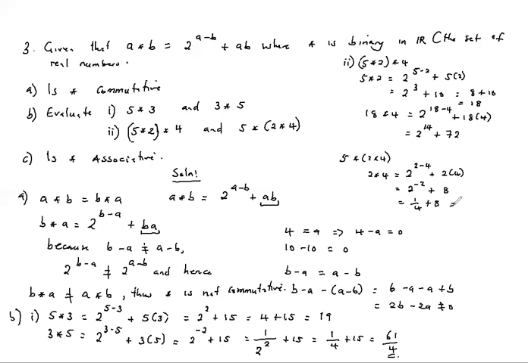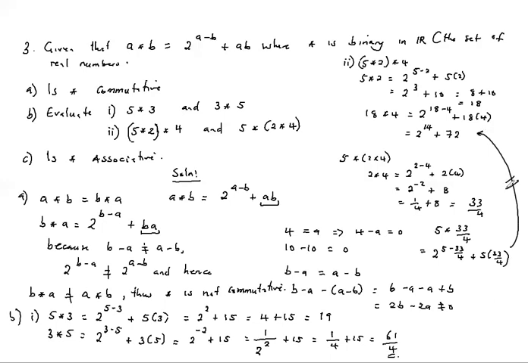So we get 32 plus 1, that is 33 over 4. Now we are looking for 5 star 33 over 4. This is going to be 2 to the power of (5 minus 33 over 4) plus 5 times 33 over 4.